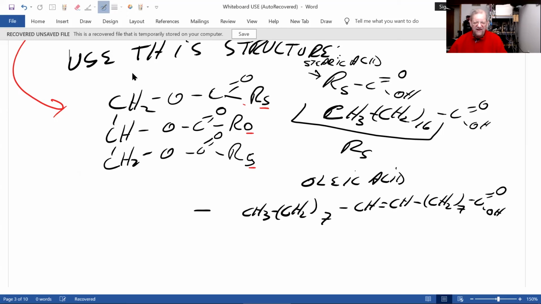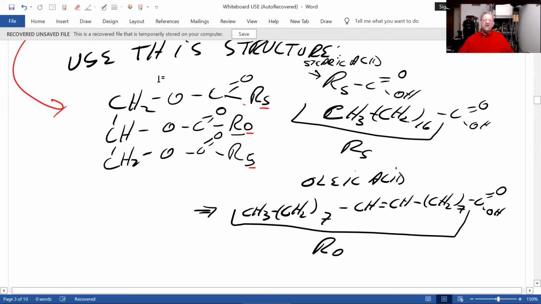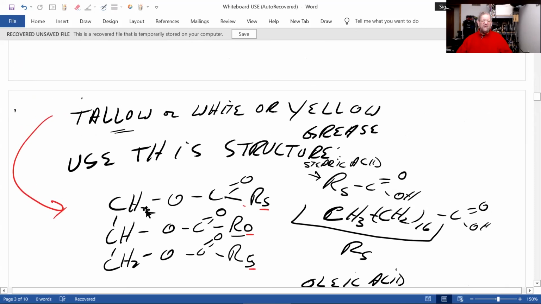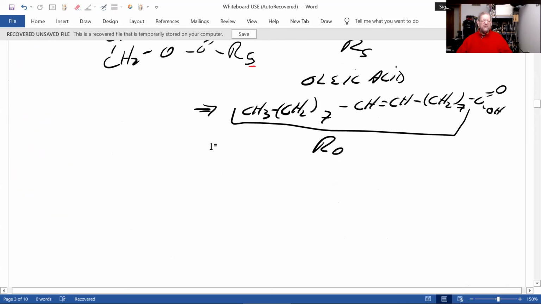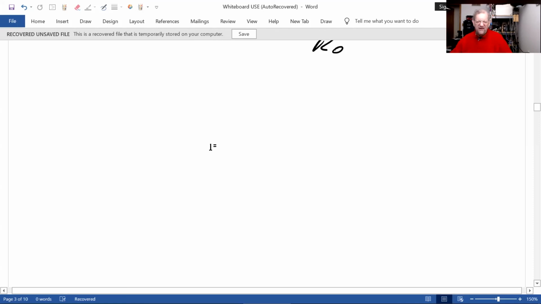And here we have oleic acid. And when I say R sub O up here, what I'm really meaning is this is R sub O. So if I ask on test certain things, this is the structure you should use for tallow, white grease, or yellow grease. So let's go back and look at what we were looking at.